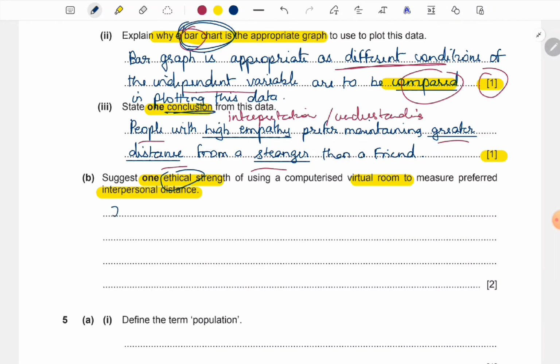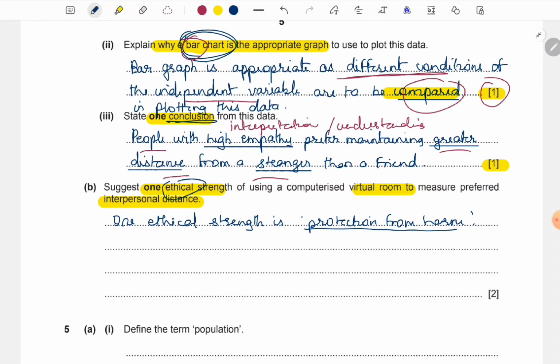So one ethical strength is protection from harm. And definitely the explanation after this you can give counterfactually.